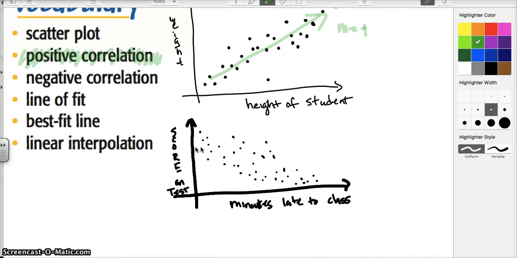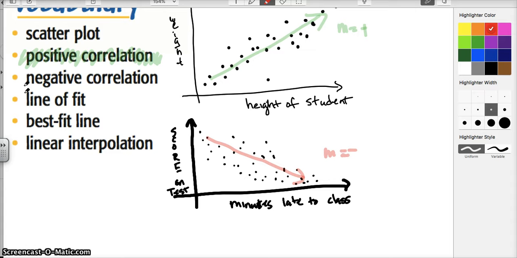However, the relationship here, the fewer minutes you are late to class, the better your score is on this imaginary, fictitious classroom situation, would be a negative correlation, right? So the negative correlation is that it goes down to the right. It's a lot like a slope that's negative, right?